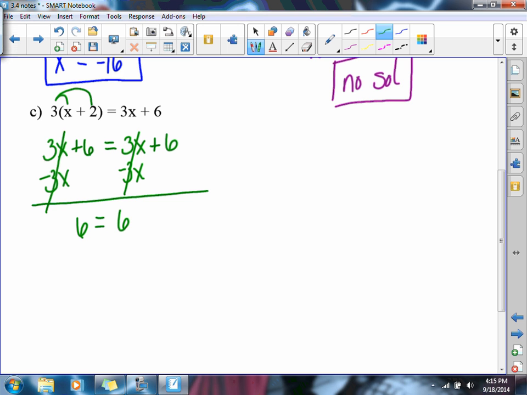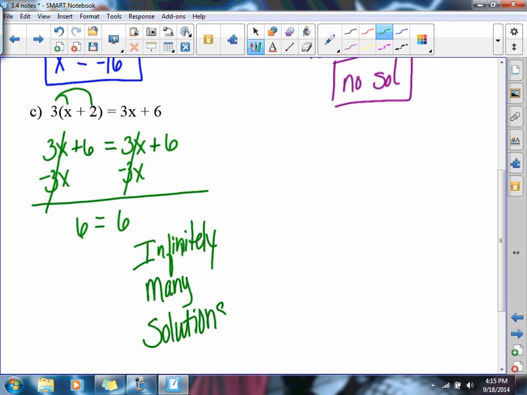So my solution is going to be infinitely many solutions. So when you have a number equal to itself, your answer is infinitely many solutions. And we can abbreviate that.